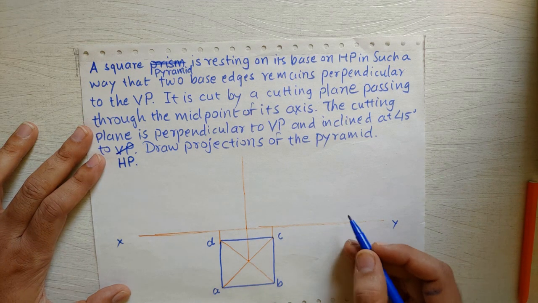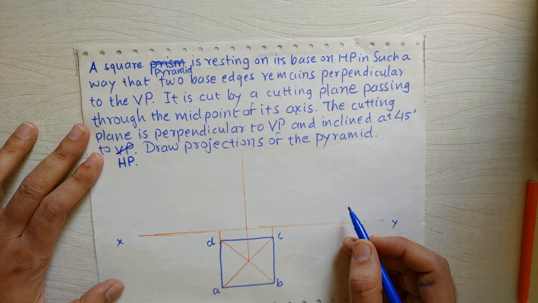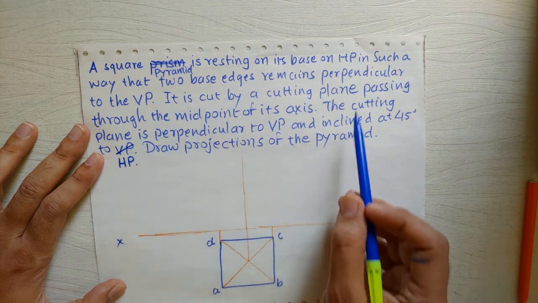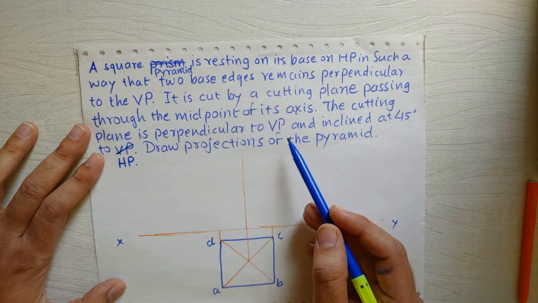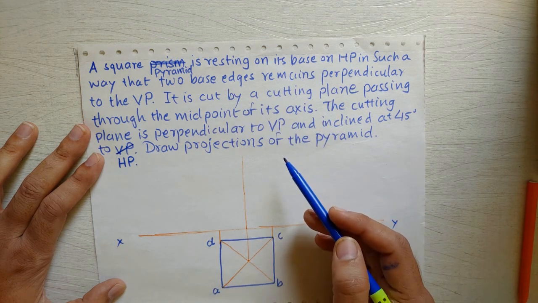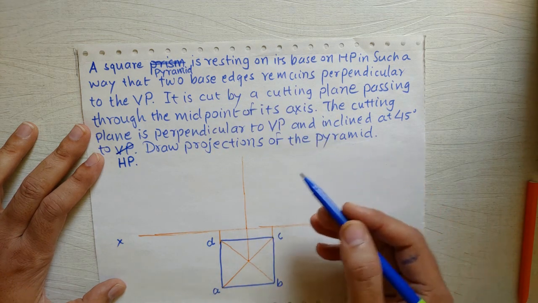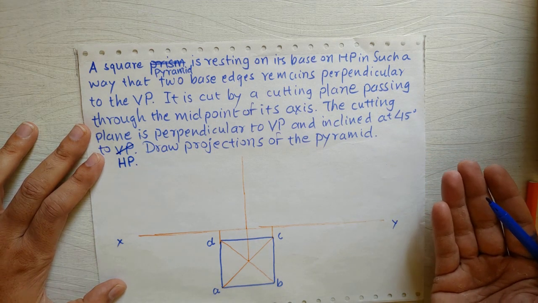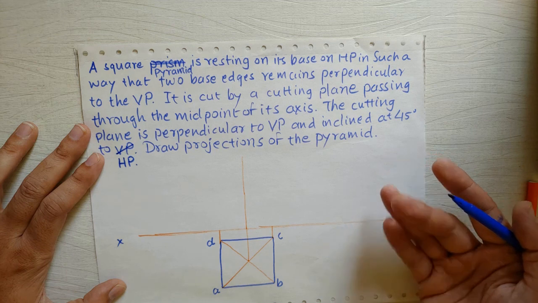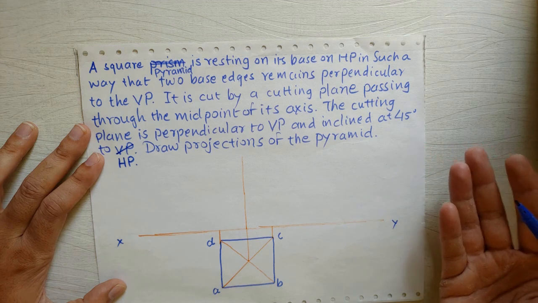All these are thin lines, okay, right? Now here in this problem, as I am taking a random example, I have not taken any dimensions, but in the actual problem statement the dimensions will be given, like base edges equal to let's say 30 mm, and the height of the pyramid some 70 mm.